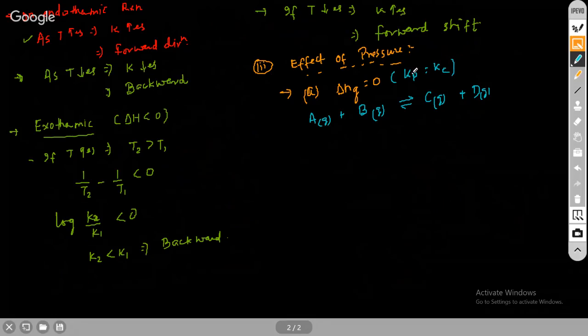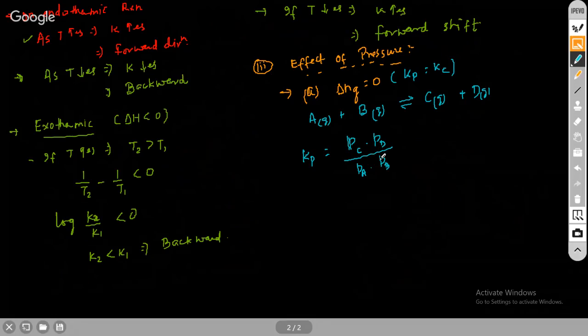Value of Kp and Kc will be the same, correct? So if I write down the expression for Kp, that will be what? The partial pressure of C into partial pressure of D divided by partial pressure of A into partial pressure of B, right? For Kp, we have to write down the partial pressure.